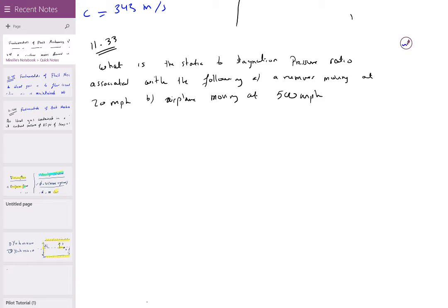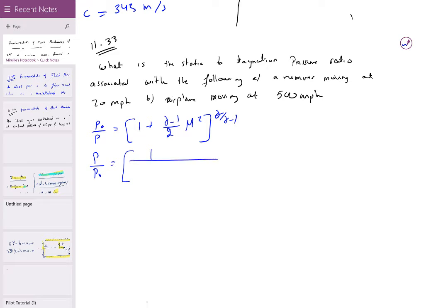The formula is P naught over P equals 1 plus gamma minus 1 over 2 Mach number squared, raised to gamma over gamma minus 1. If I rearrange this, I get P over P naught equals 1 over 1 plus gamma minus 1 over 2 Mach number squared, raised to gamma over gamma minus 1.